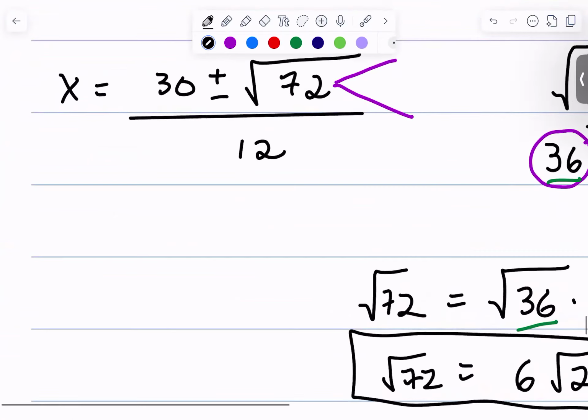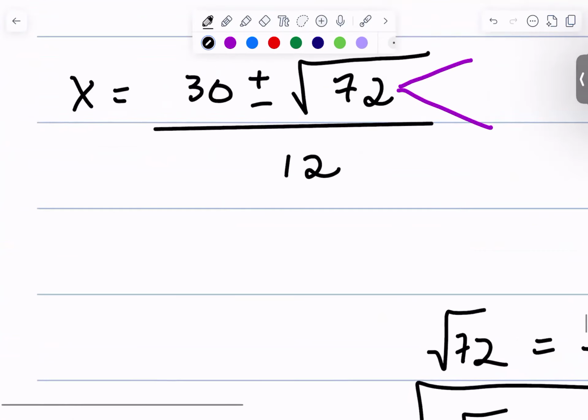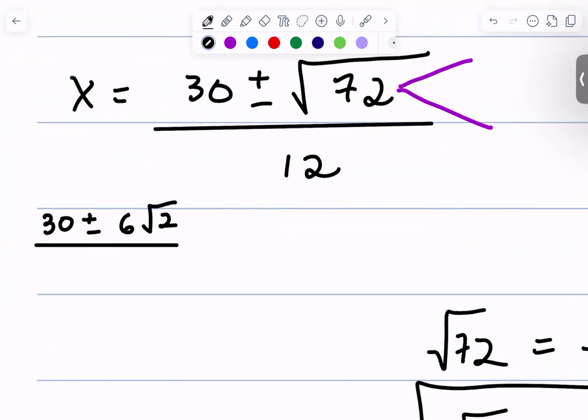So this part here becomes 30 plus or minus 6 square root of 2 over 12. Right? Now we have to look at this number, and this number. What is my GCF between 6, 12, and 30?